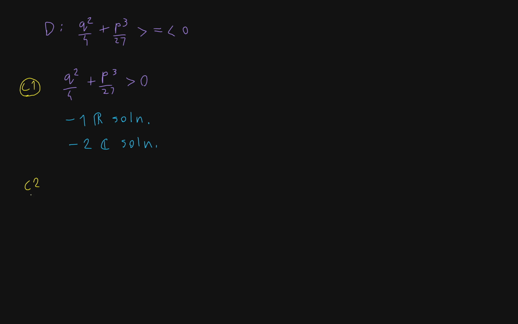The second case is where q squared over 4 plus p cubed over 27 is equal to 0. Here we are going to have 3 real solutions overall, and 2 are repeated, right?